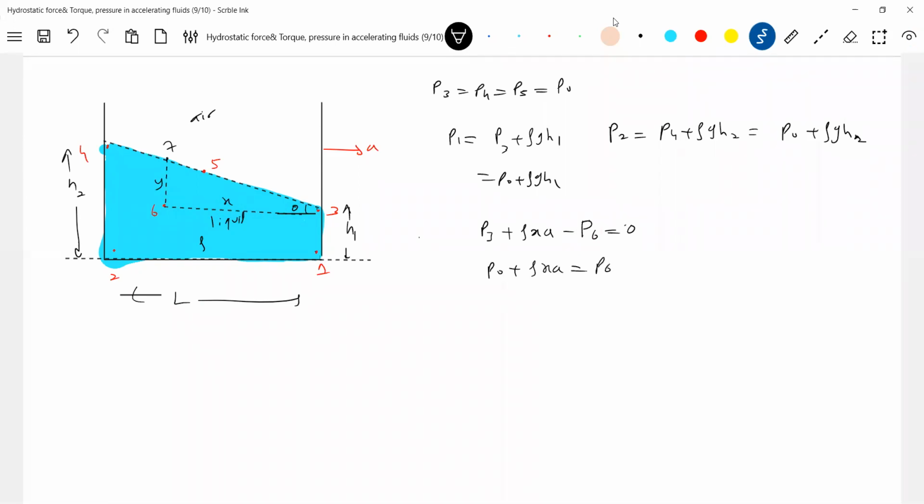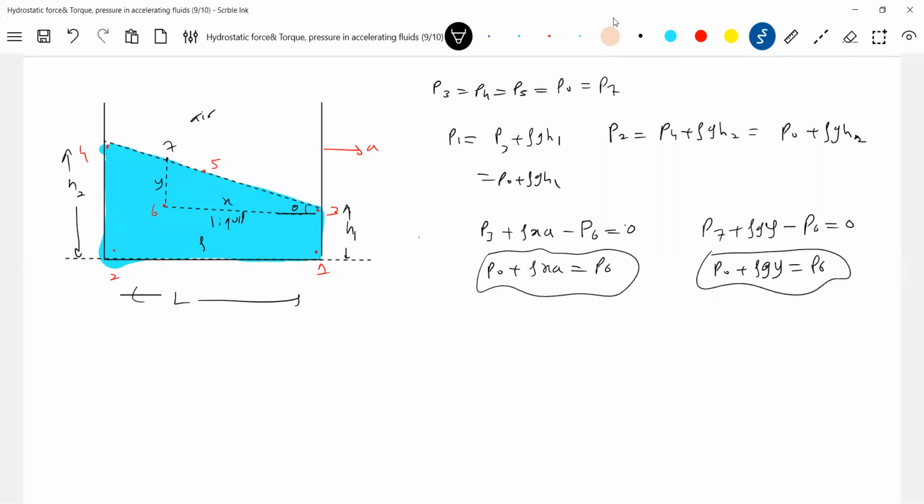Or I'll write along the y-axis. Then what is the pressure at 7? P naught. Then P7 plus rho g y minus P6 equal to 0. P7 is P naught. Now the question comes, which is right? I have one equation, I have another equation.